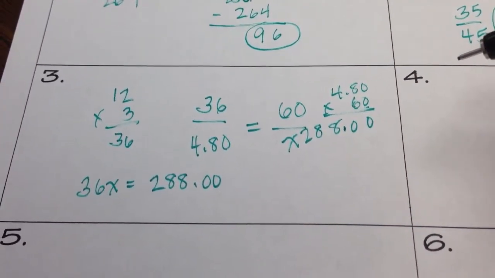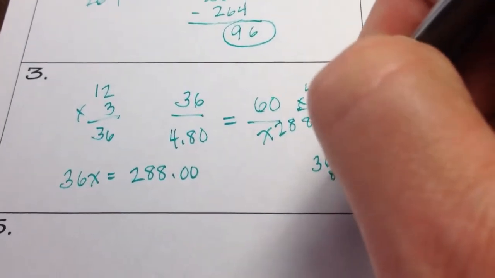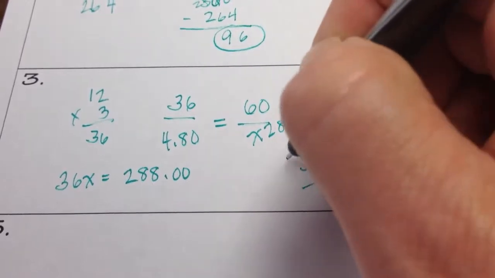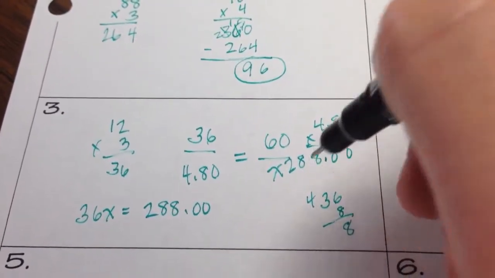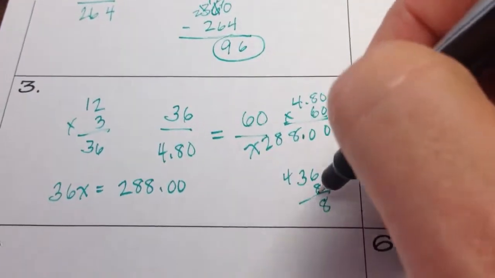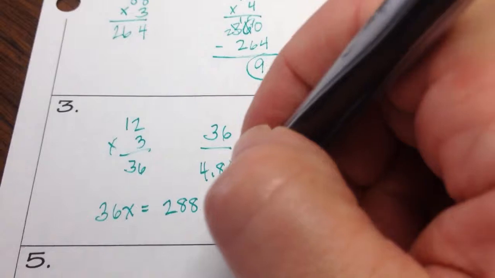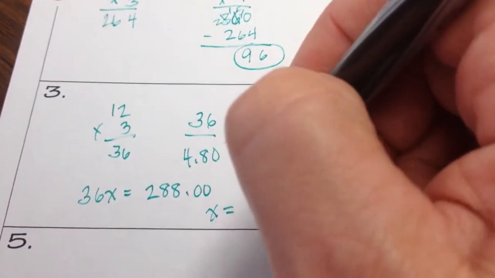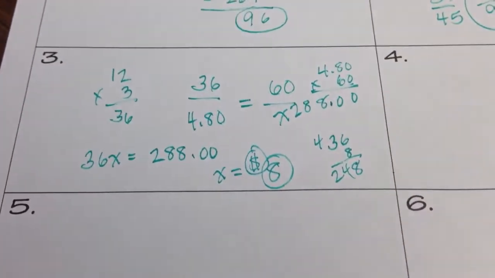Let's just try 8. What's 36 times 8? That's 24, 25, 6, 7, 8. Ta-da! So x equals how much? $8. Don't forget that dollar sign.